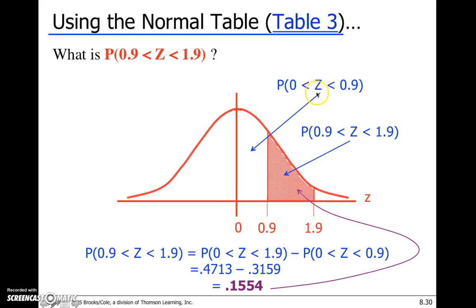To start, the probability z is less than 0.9 and greater than 0 is this area here, which is read from the table. The probability that z lies between 0.9 and 1.9 will be obtained by finding the probability that z is less than 1.9 and greater than 0.